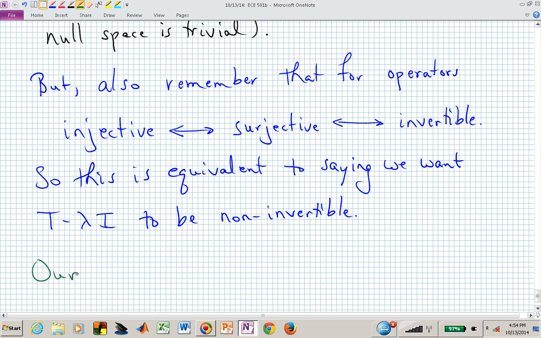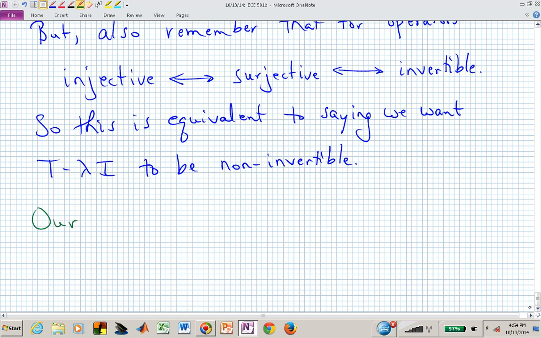And now we can go back to some of our previous results where we said our system was invertible if what?